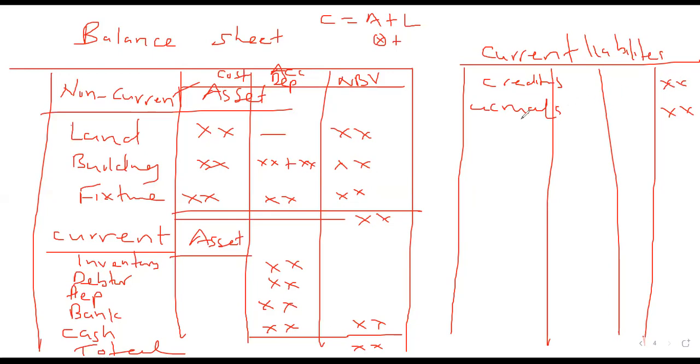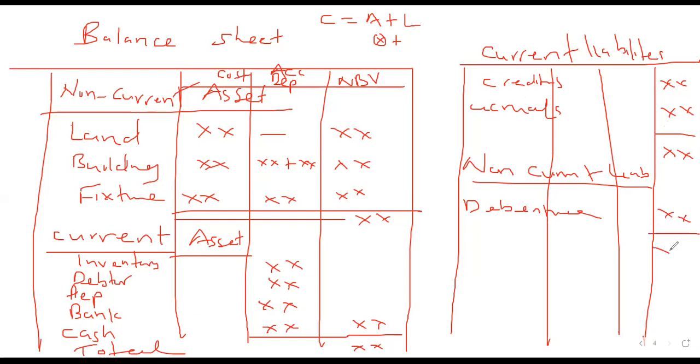So the creditors, the accruals or accrued expenses, we total them up. We also add the non-current liabilities. Non-current liabilities are long-term liabilities like a debenture or a long-term loan. When you add them there, you get the total liabilities.